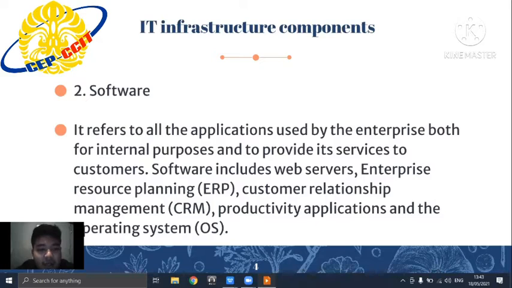Second is software. It refers to all the applications used by the enterprise both for internal purposes and to provide its services to customers. Software includes web servers, enterprise resource planning or ERP, customer relationship management or CRM, productivity applications, and the operating system or OS.